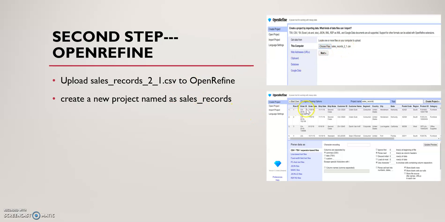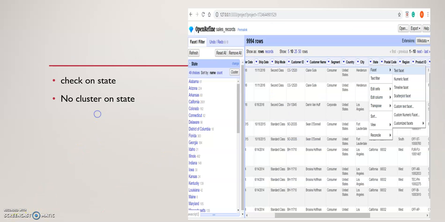And then I create a new project named cell record. After that, I check on state. So I choose state, click the sub button facet and the text facet.